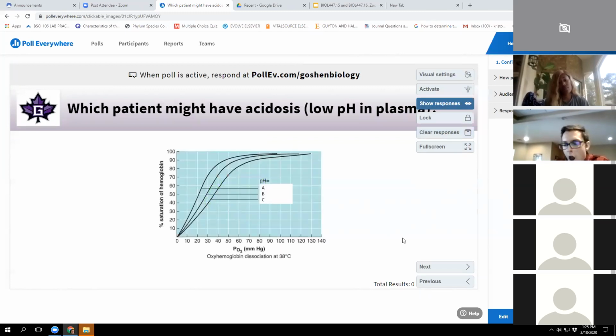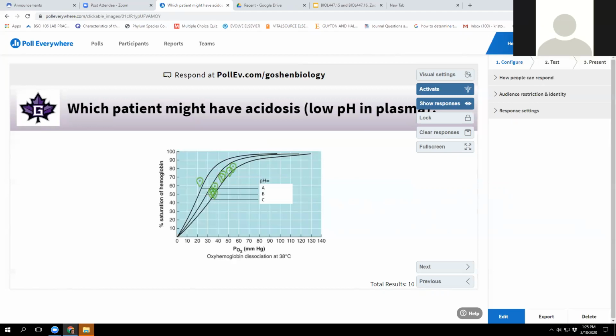So the correct answer is A. All right, so which patient might have acidosis? Okay, great. So the answer is C for the same reasons as we mentioned before. So that's the Bohr effect.